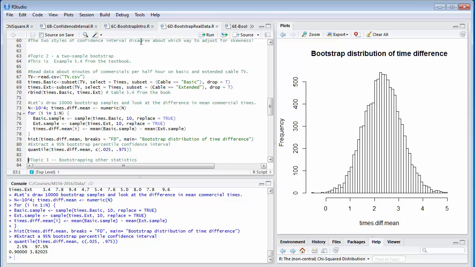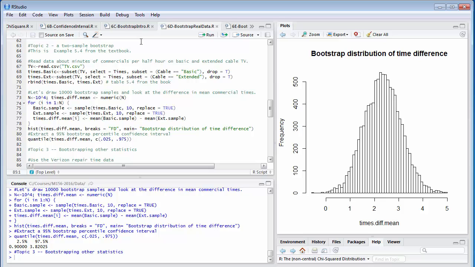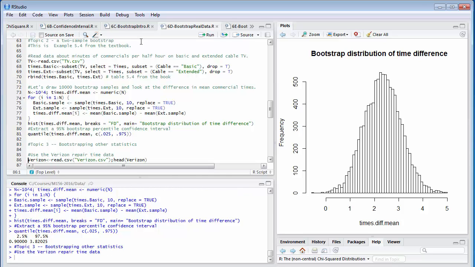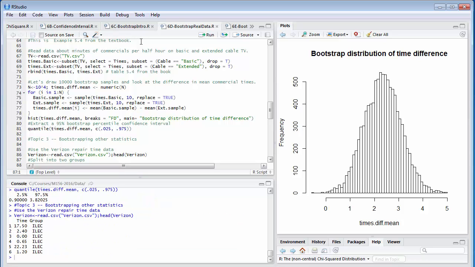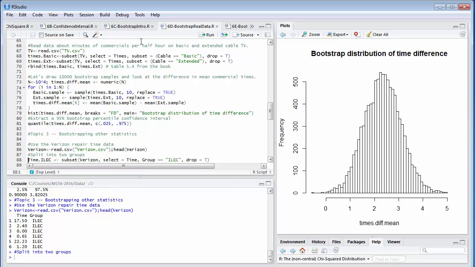Now, when you're bootstrapping, you don't have to confine yourself to differences. Here's another of the book's favorite data sets, the data for repair times for telephones. And on reading the book, I get the impression that Tim Hesterberg probably appeared as an expert witness in a court case involving Verizon on this issue.